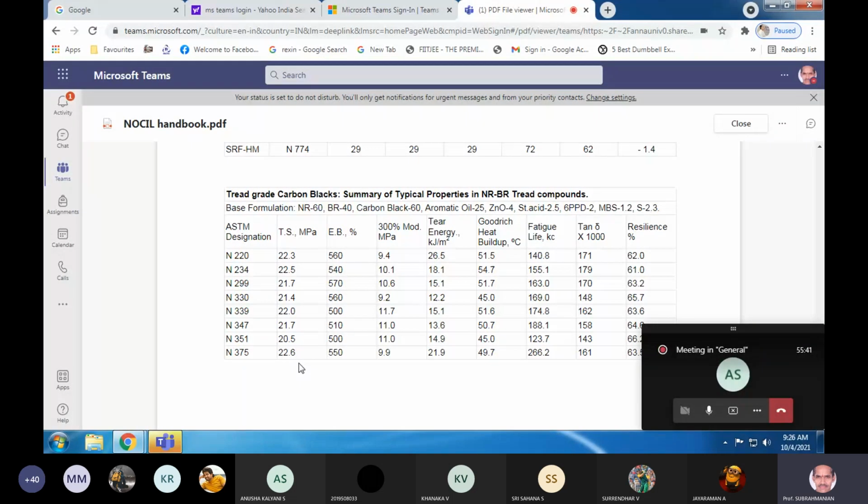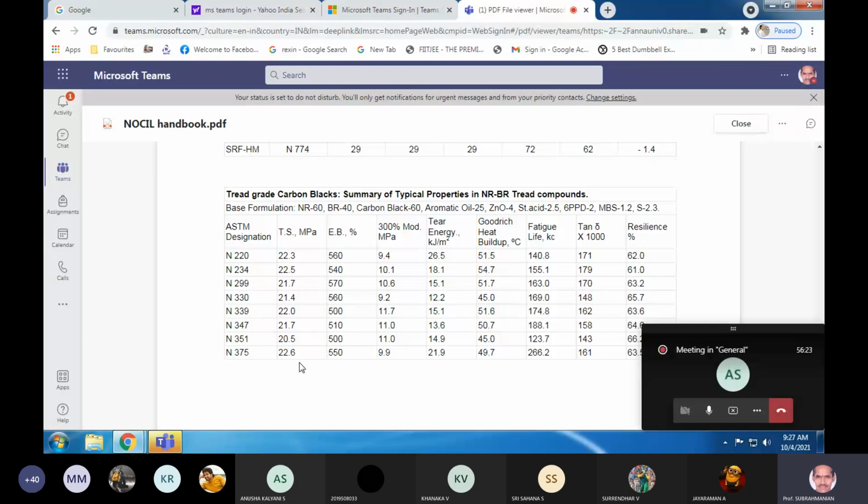There are three essential parameters that govern the choice of filler. Number one, make a note, abrasion resistance. That tops the list. Number two, wet grip. That comes for safety. And number three is low rolling resistance.